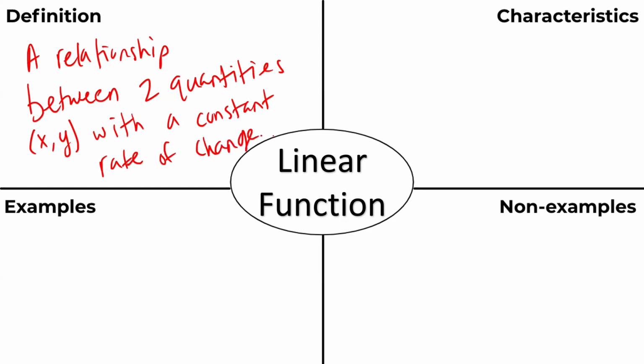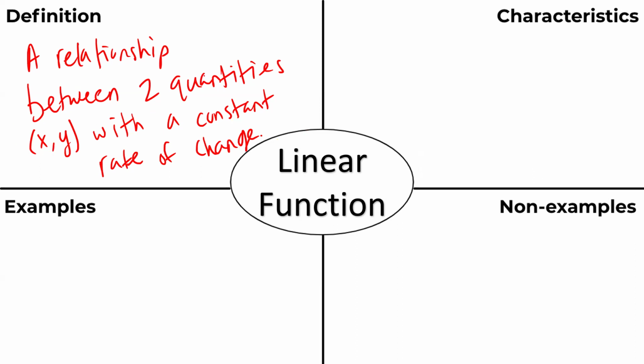All right, so constant rate of change. When you hear that, what do you think of? What magic word should come to your brain when you hear constant rate of change? Yes, that's the word I was looking for.